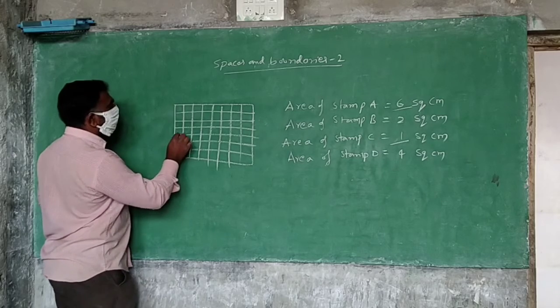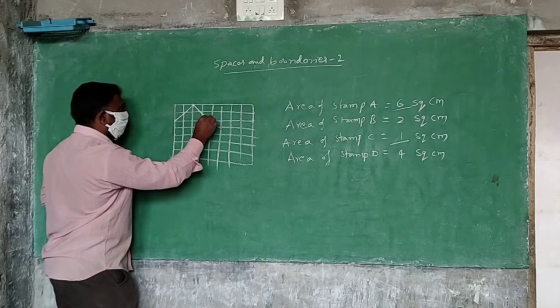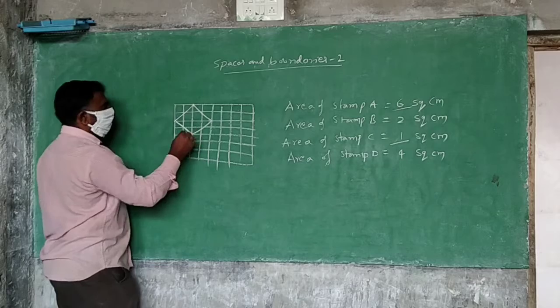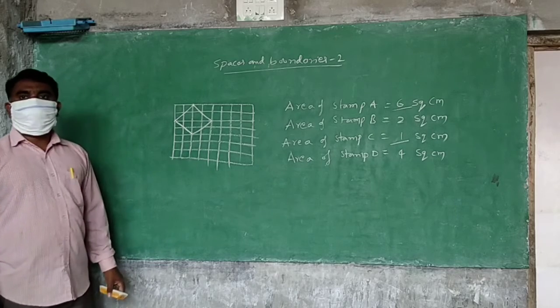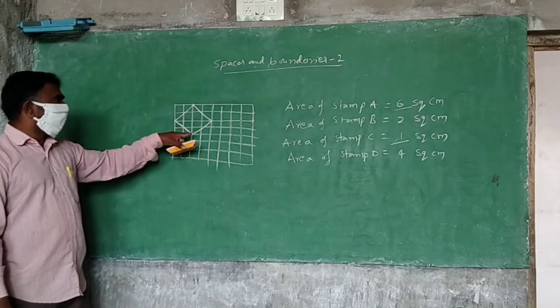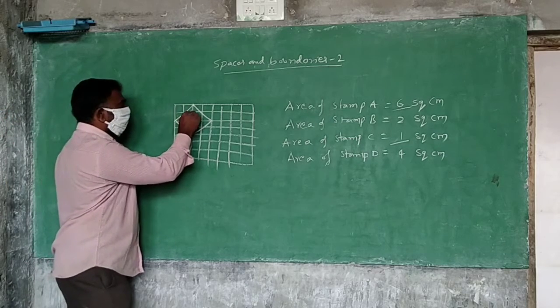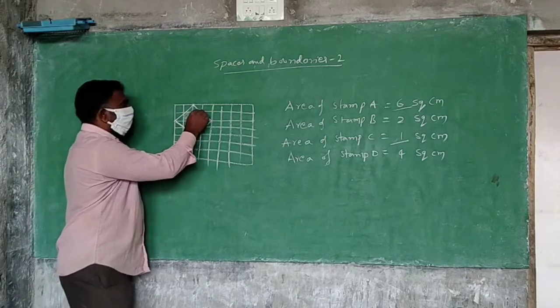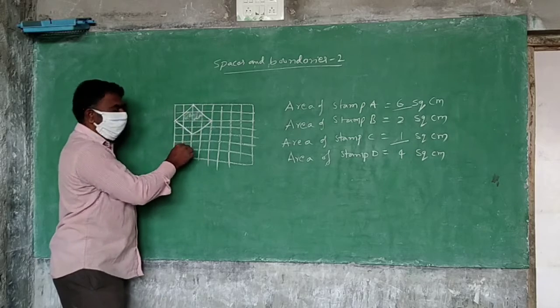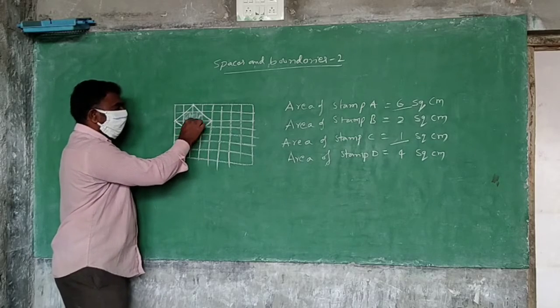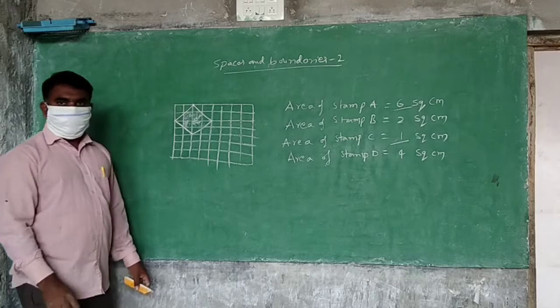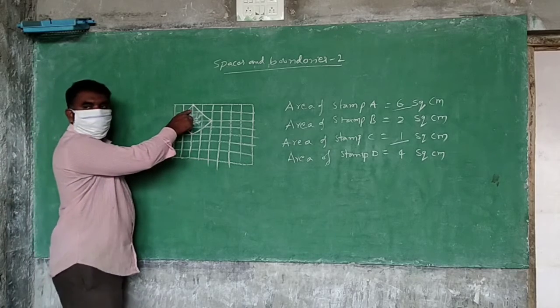So like that they have given to you. If you want to find out the area, what will you do? How many squares is it occupying? You have to check now. It is fully occupied. Let's say 1. This is fully occupied. 2. This is also fully occupied. 3. 4. Fully occupied. But here it is not full.